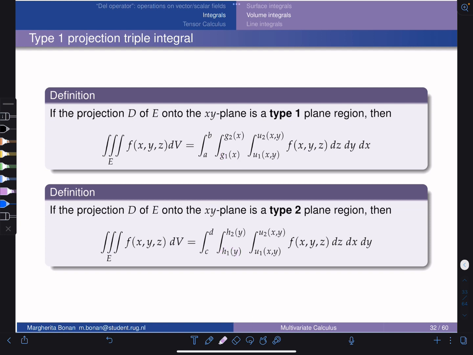But mainly we have to note that the order of integration is different, since here we integrate with respect to y first and then x, while here we integrate with respect to x first and then y, because here we have functions that depend on x, then y varies between those bounds, and here we have functions that depend on y, and x varies on those bounds. If we have a different order of integration, we may not reach a finite result of the integral.